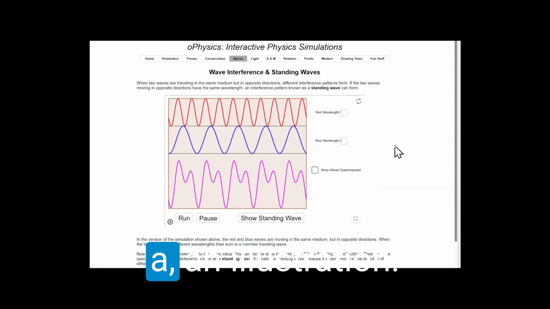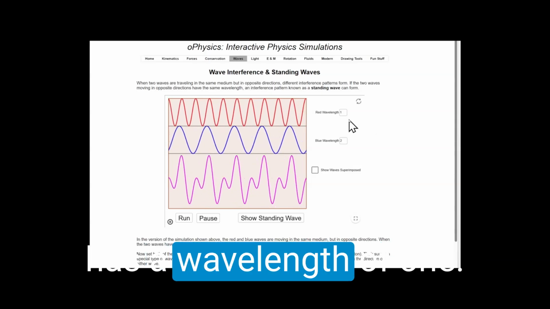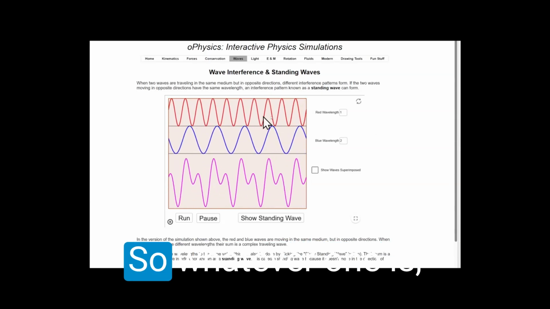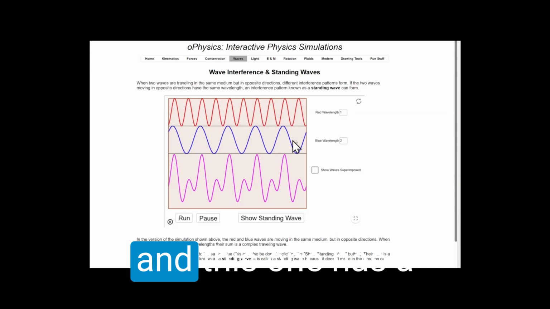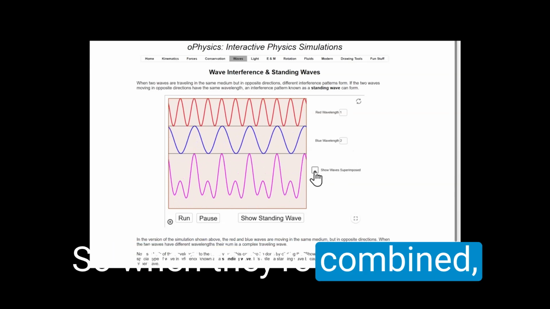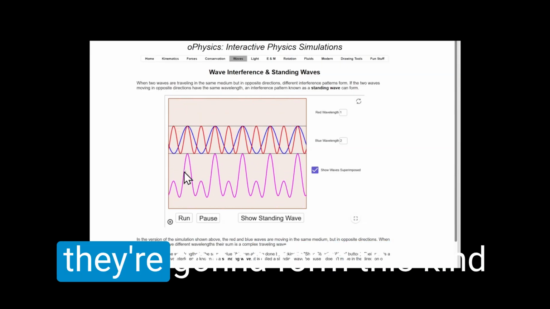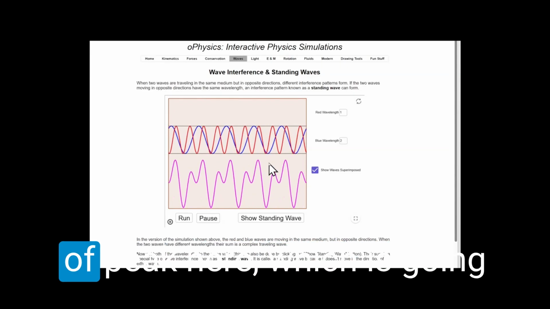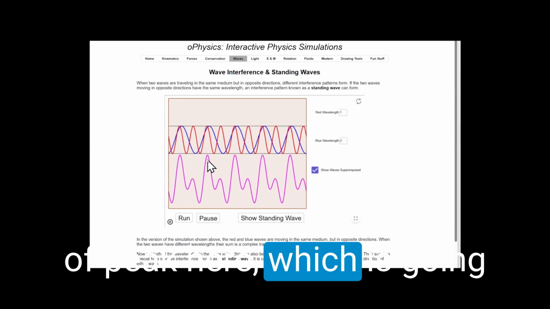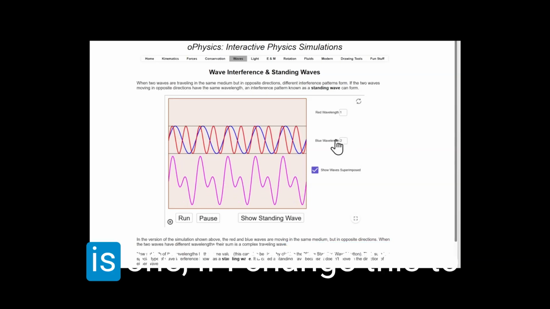So maybe here's an illustration. This is one wave which has a wavelength of 1, whatever 1 is, and this one has a wavelength of 2. When we have them on top of each other like that, they form this kind of peak, which is going to be at a frequency of 1 because the difference is 1.